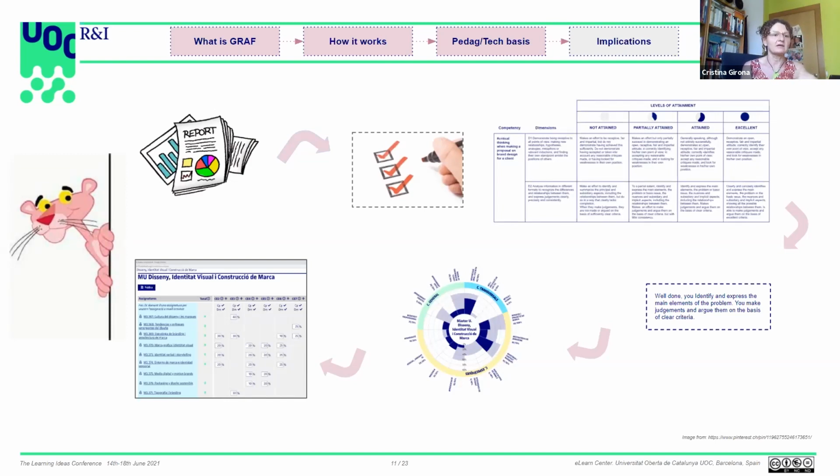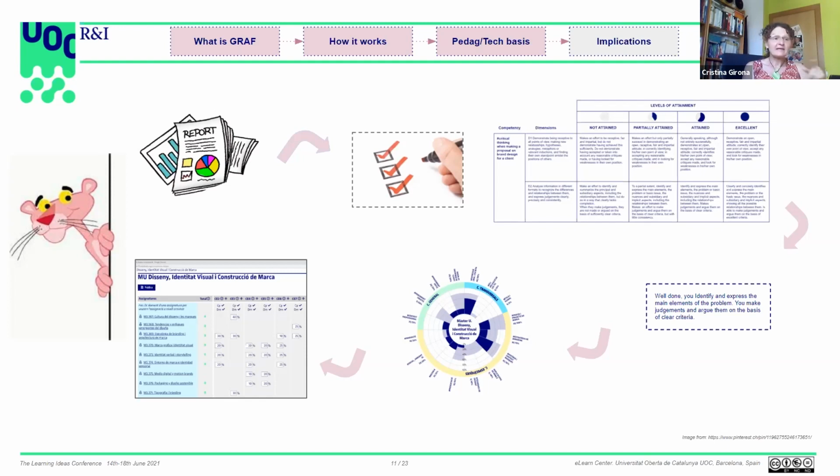The pedagogical basis behind is the following. As you may see, first of all, the student generates evidences of competency learning in the framework of their learning activities in the course, which faculty assess by the use of assessment rubrics, and provide personalized qualitative feedback.